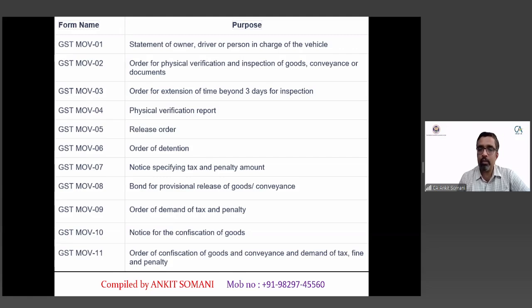He will always try to create a new demand in a temporary ID. See, what is the purpose of this and why am I referring to this? Suppose the authority dealing at the time of interception issues notices or passes an order in your normal GSTIN.